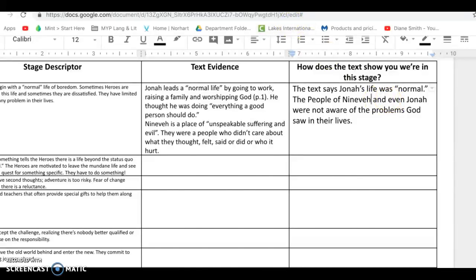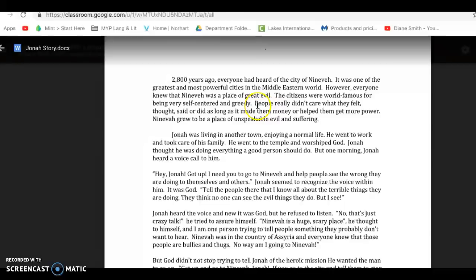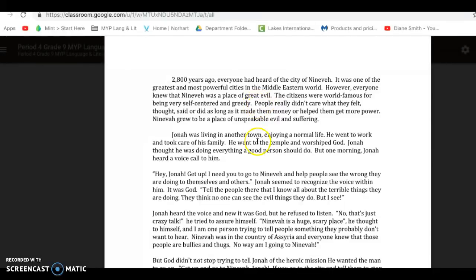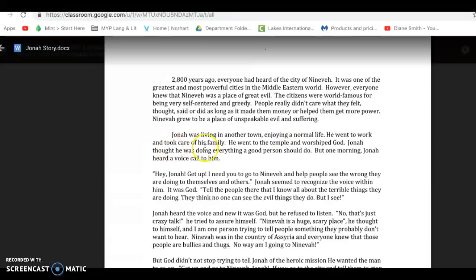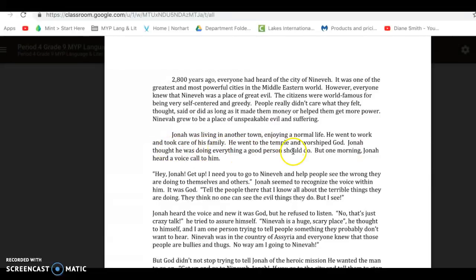And if I went back to the story and looked at the sentence, it says, Jonah thought he was doing everything a good person should do. That makes me think maybe the author is suggesting God has a plan for Jonah.